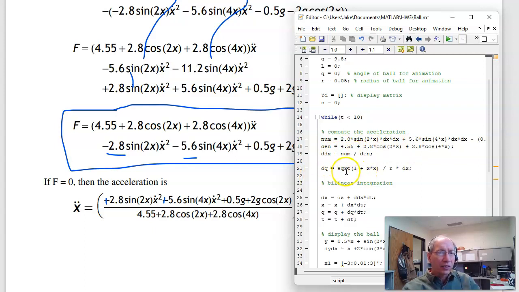Here is how far the ball is rolled. That's the square root of 1 plus x dot squared dx.